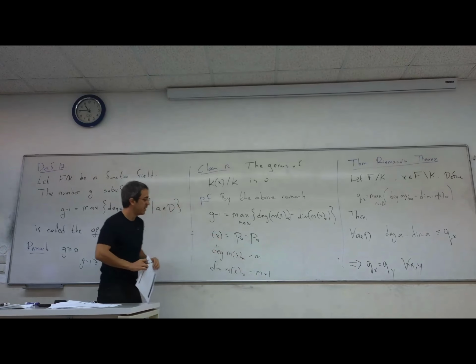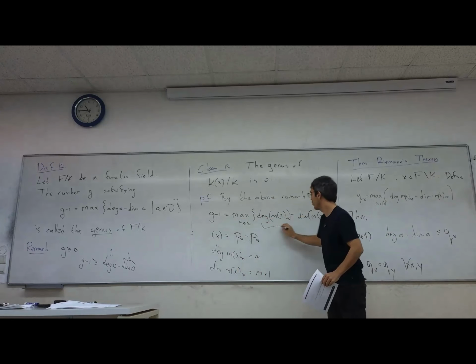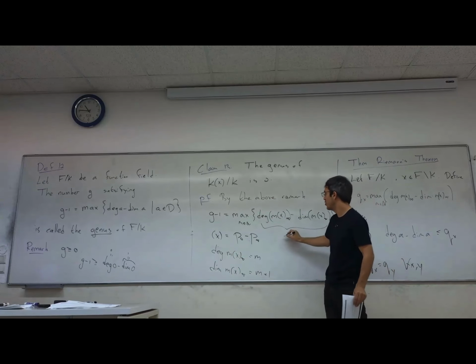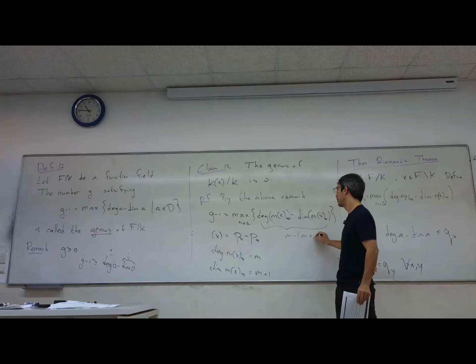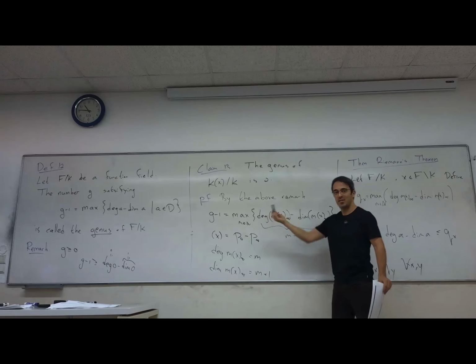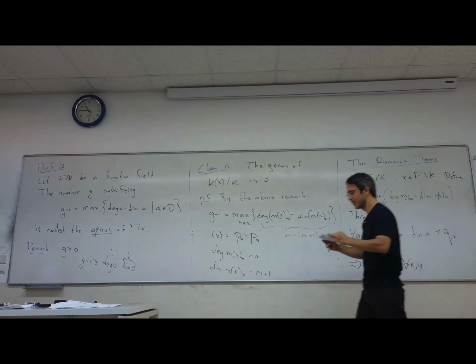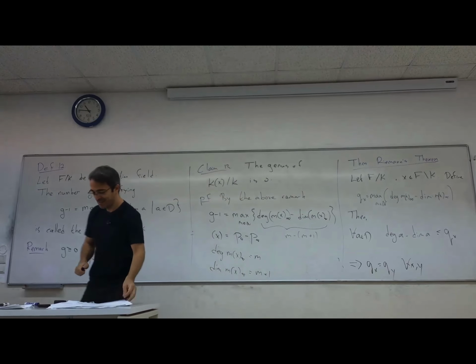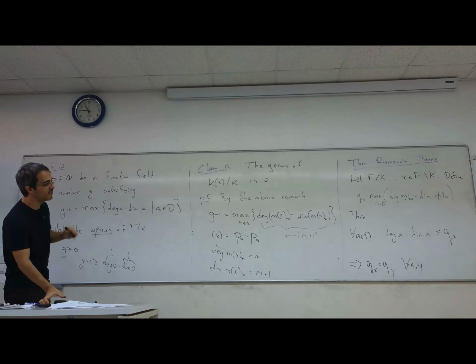So this thing is always 1. Even though it looks like it depends on m, it is just m minus (m plus 1), which is minus 1, and so g is 0. Yay.